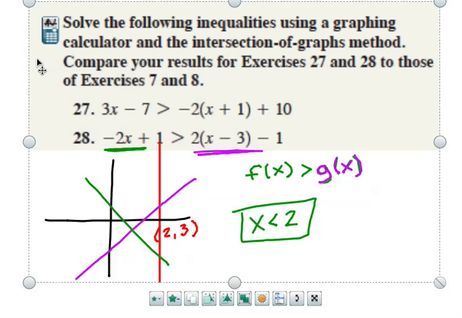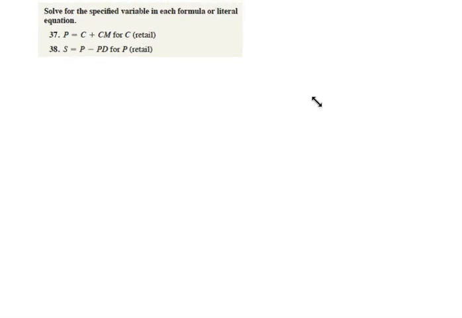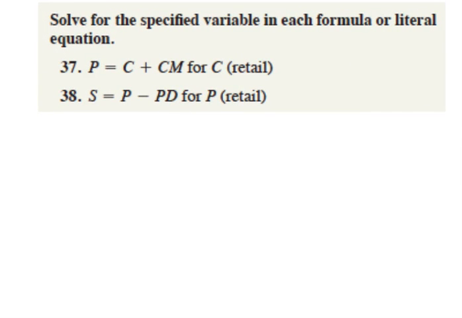The last piece we're going to take a look at is solving literal equations. So basically we're doing algebra without numbers. And so we'll see stuff like this, where we'll have some equation that's solved in terms of something that's not the most important to us.